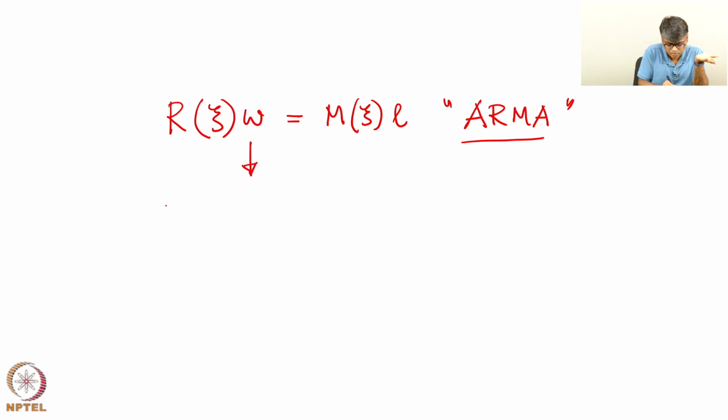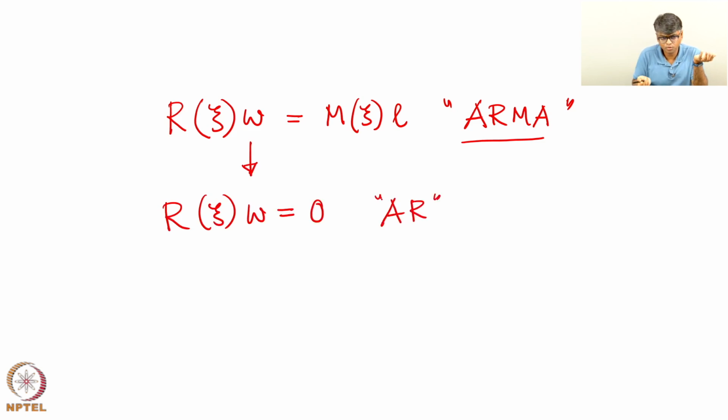You see, the kernel representation that we have been looking at, R(ξ) w equal to 0, these are called autoregressive systems. Why are they called autoregressive systems? Just look at one typical difference equation like this. In difference equation cases, for example, suppose I have this polynomial σ² + ασ + β acting on w equal to 0.